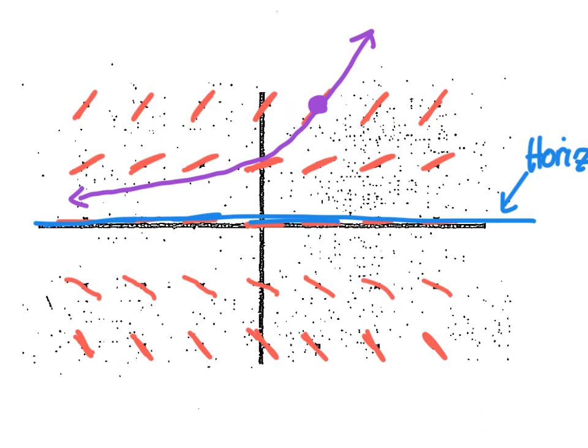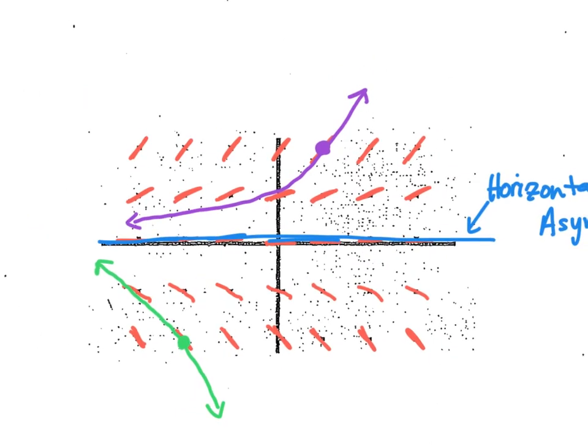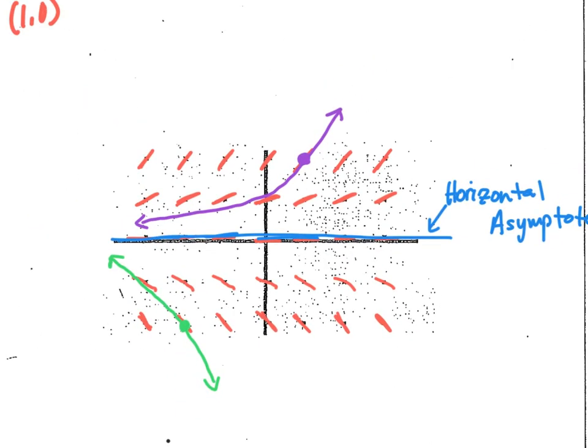Now, if my initial condition, say, is below the x-axis, let's say I have an initial condition down here where I've got, say, a point on my original equation like that, then my function will behave a little bit differently, okay? So we might have these instances where our graphs look different depending on where our initial condition is. Okay, but when you have a bunch of slopes that line up like this, that means that you have a horizontal asymptote.